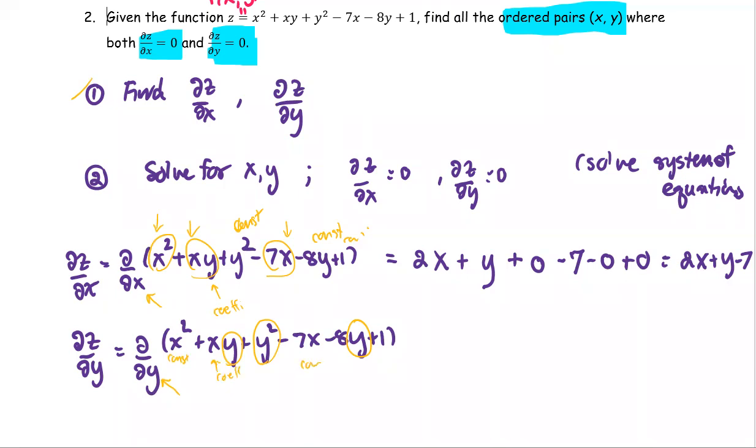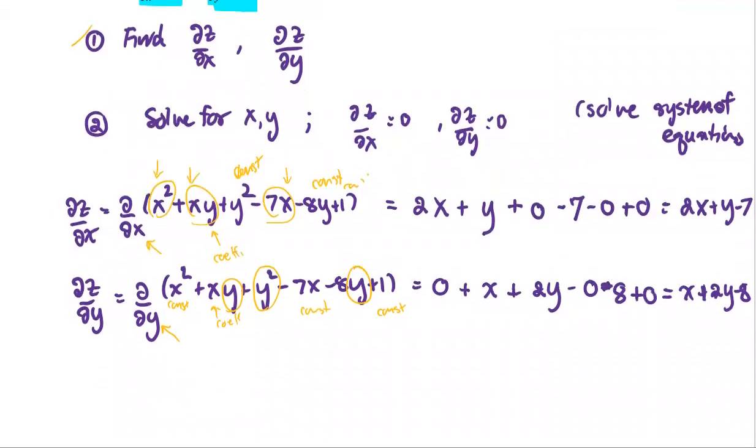The first term is 0. The second term is the coefficient times the y term, so just x. The next term is 2y. Next is 0, next is minus 8, and next is 0. Cleaning up, the derivative is x plus 2y minus 8. We get the first partial derivatives.